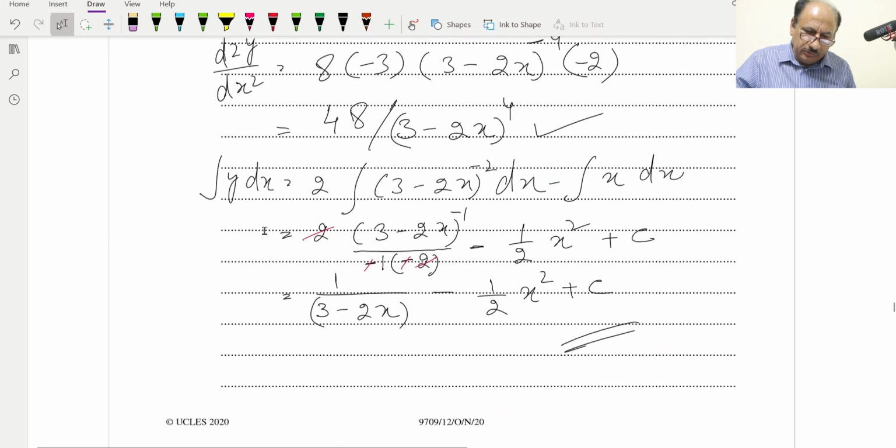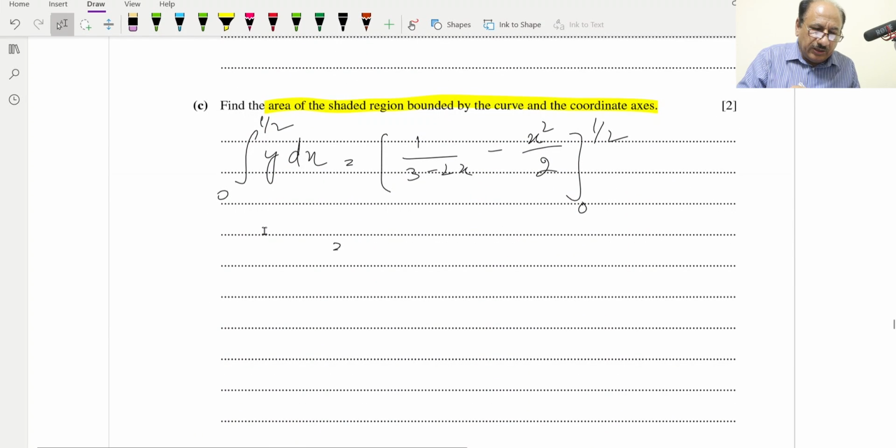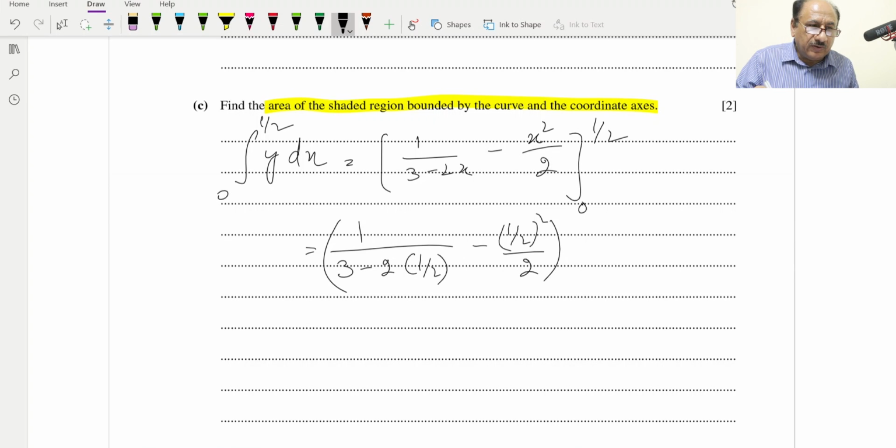So now we can further replace the values. This is equal to 1 over (3 minus 2 into 1 by 2), minus (1 by 2) squared over 2, and this will be our first value. And for the second value, if we replace 0, we will get 1 over 3 minus 0.